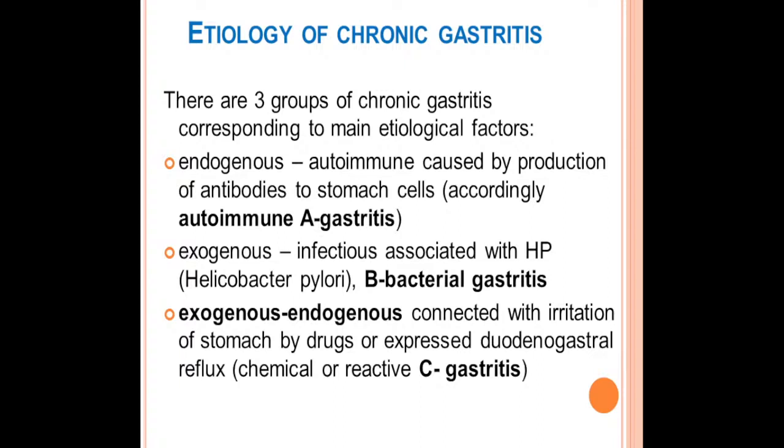And maybe a combination of exogenous and endogenous factors, with irritation of the stomach by drugs or expressed duodenogastric reflux. It is maybe chemical gastritis or reactive gastritis, C gastritis.